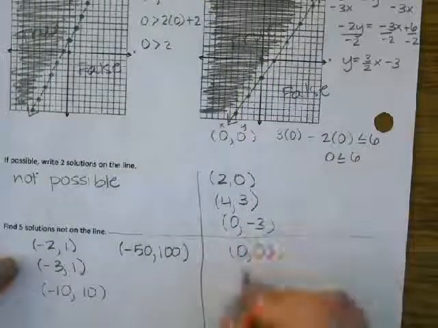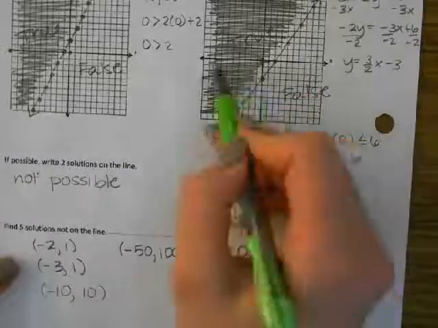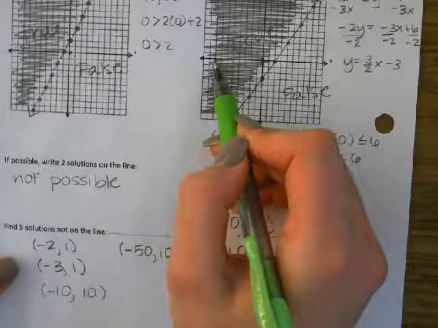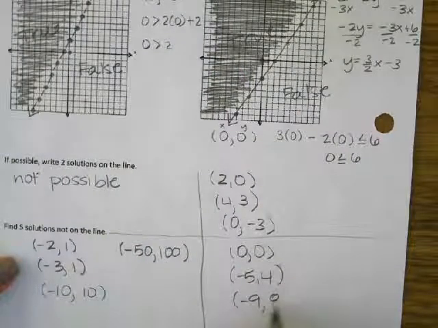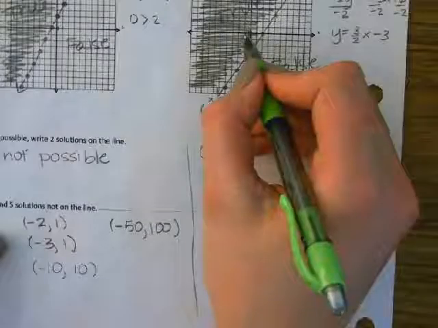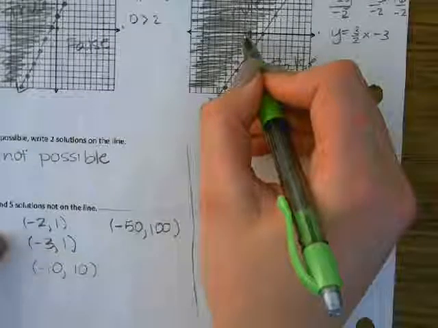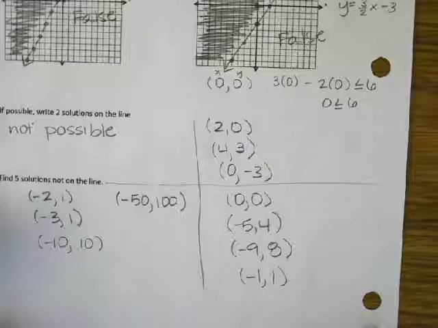Negative 5, 4 would work. What about negative 9? Negative 9, 8 would work. Can you guys give me another one? Negative 1, positive 1 would work. Okay. Does that make sense?